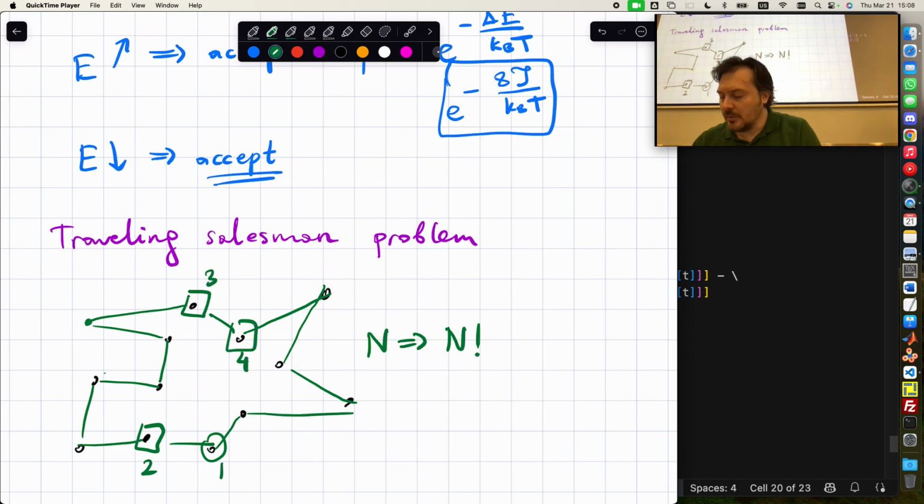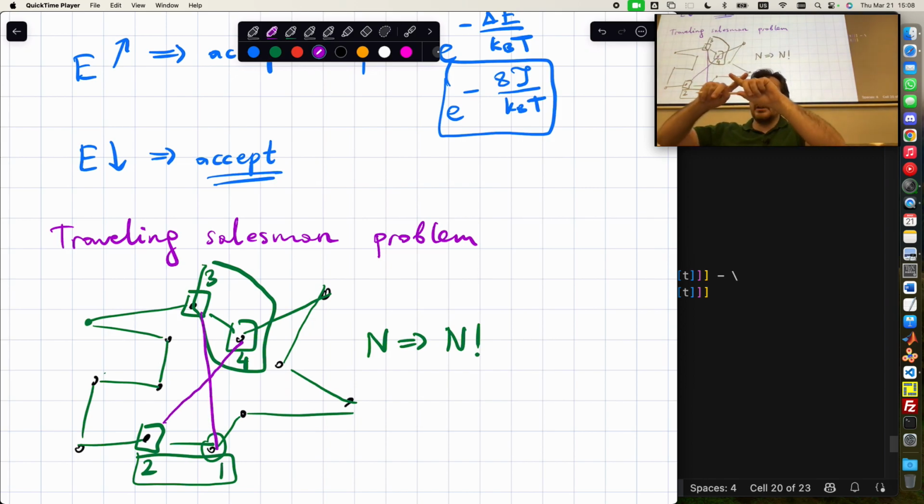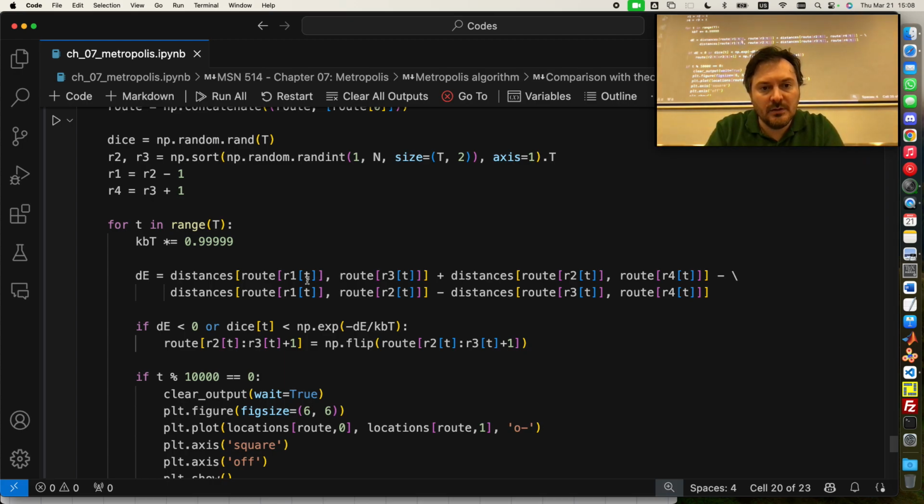We will look at the distance 1, 2, 3, 4 versus 1, 3, 2, 4. Sometimes they will be crossed and we will open them. Sometimes they will be open, we will cross them, depending on the temperature and acceptance rate, what the dice comes out, etc. Do you see? 1, 3, 2, 4 minus 1, 2, 3, 4. Yes? Are you with me?